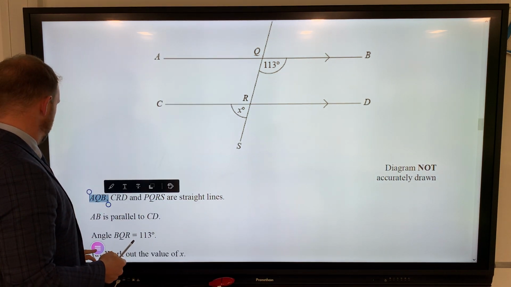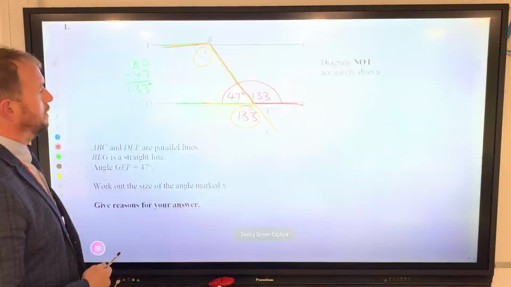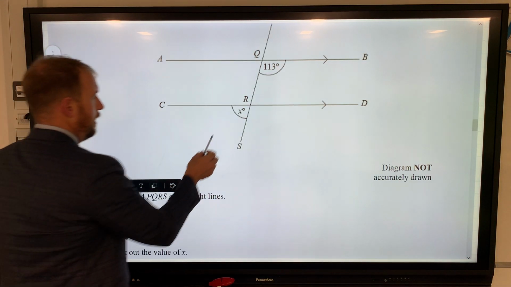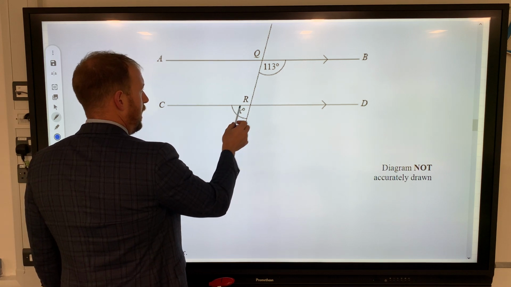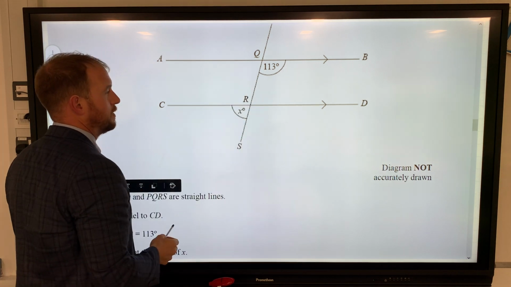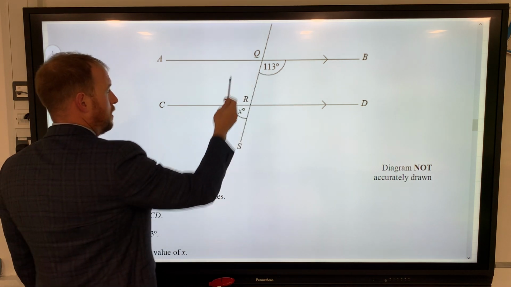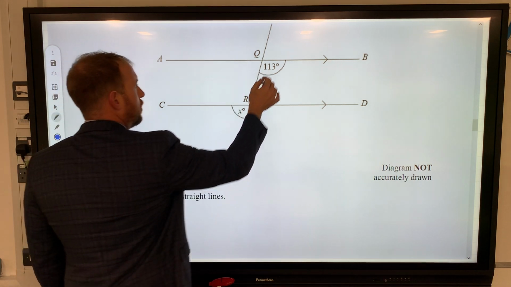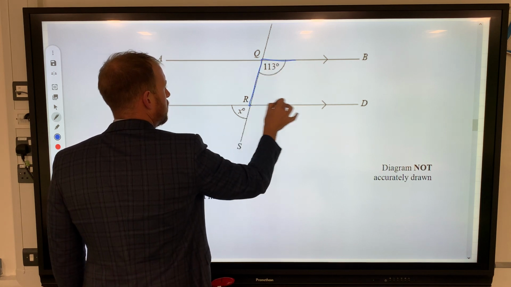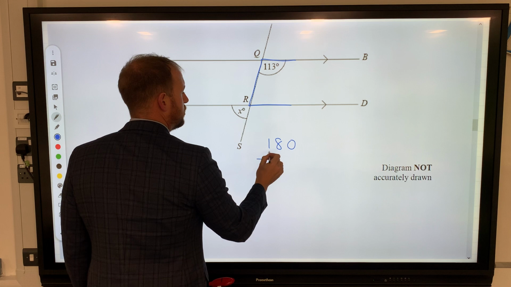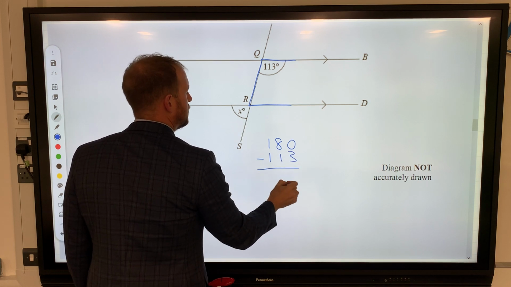Okay, this one here. If I screenshot this now so I can write on it, you'll see here, I've got this X angle here. And I start filling in some numbers on these angles to try and work out the value of X. So I've got a co-interior angle here. They both add up to 180. So 180, subtract 113, leaves 67.